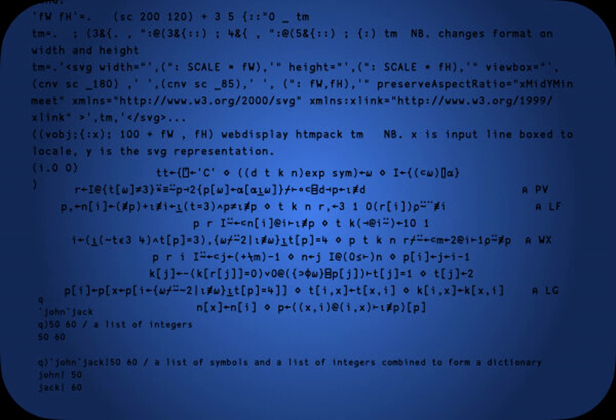So yeah, I think K4 or Q represents a significant conceptual and practical evolution from K3.